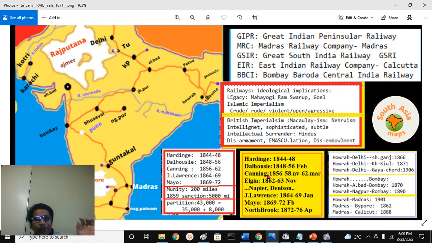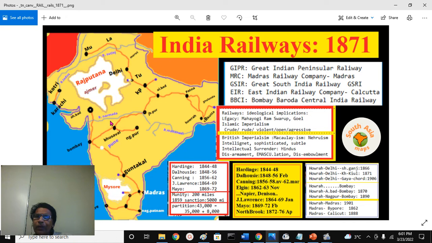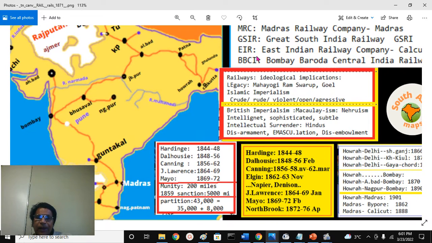Canning was both Governor General as well as Viceroy. Then Elgin came. In 62, Elgin died, a very short term, at Dharmashala, now in Himachal Pradesh, in the Beas Valley or historic Kangra district, south of the Dhauladhar mountain range. And there were short-term Governor Generals, Napier and Denison.